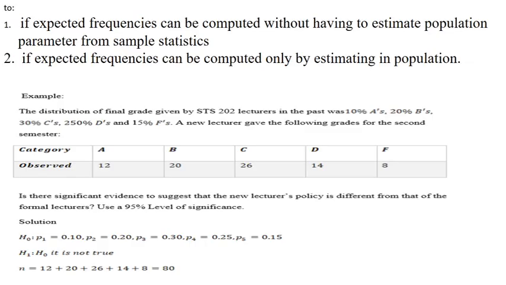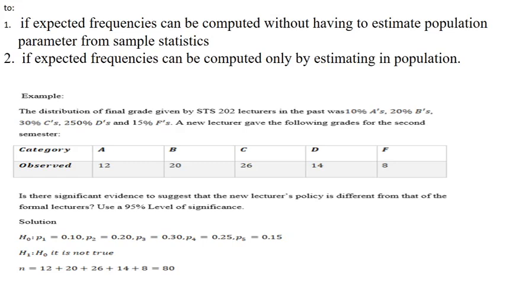A new lecturer gave the following grades for the second semester. For category A, our observed is 12. For category B, our observed is 20. For category C, our observed is 26. For category D, our observed is 14, and for category F our observed is 8.